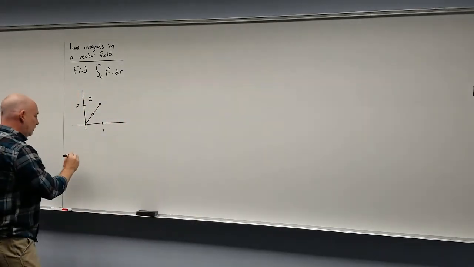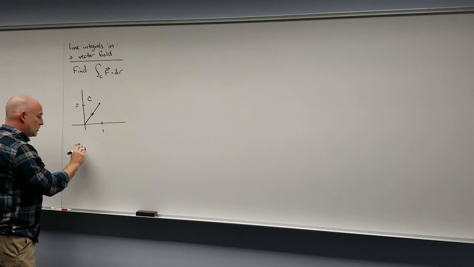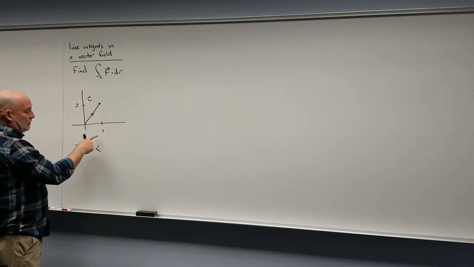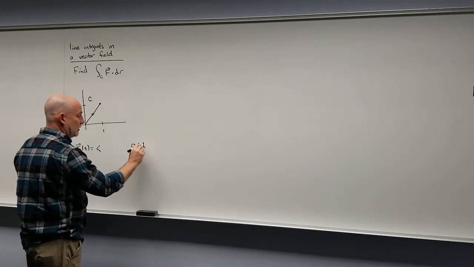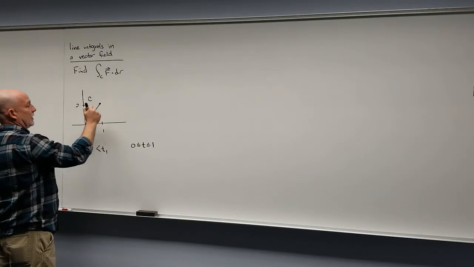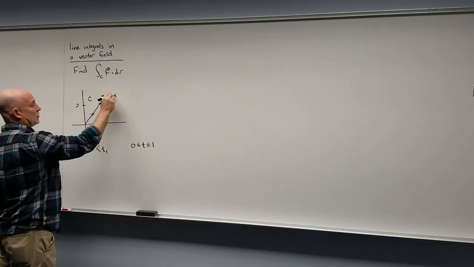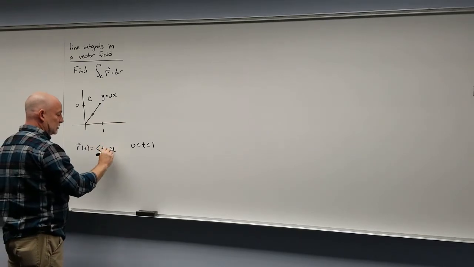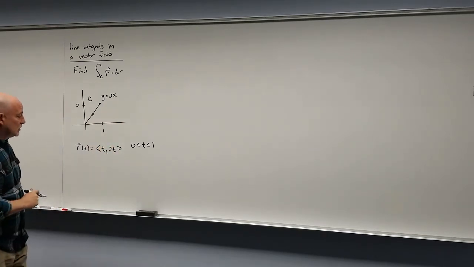So if we're moving that way, the parameterization of this curve would be really easy to do. Let's let x be the parameter, and I know x is going from 0 to 1, so that's just t. And on this curve, that's the line y is equal to 2x. So if x is t, y is equal to 2t. So very easy parameterization for this.